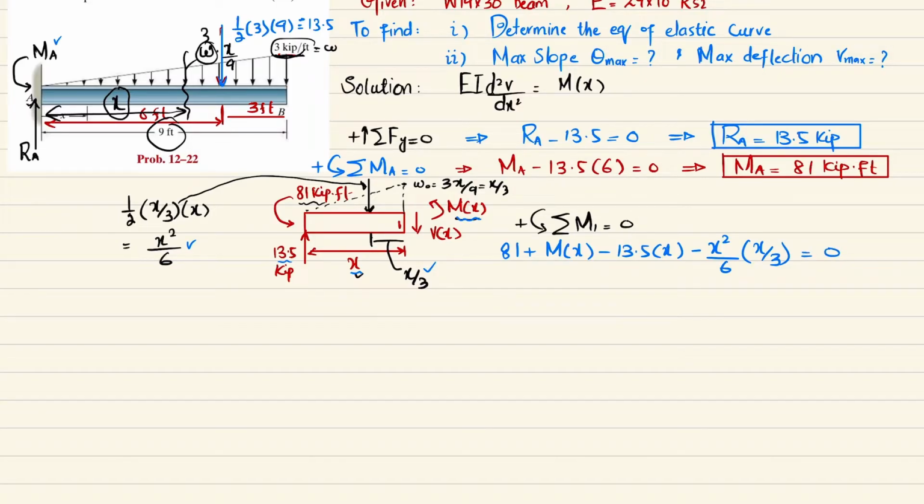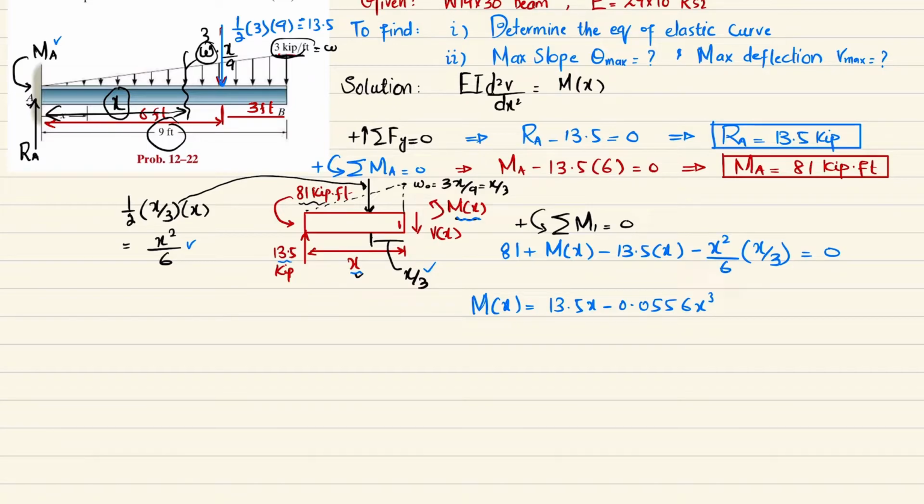When you solve this and simplify it, you will get this moment M of x will be equal to 13.5x minus 0.0556 x cube.